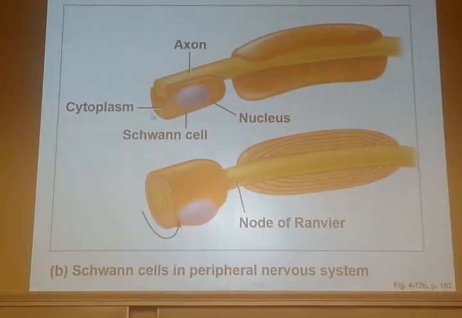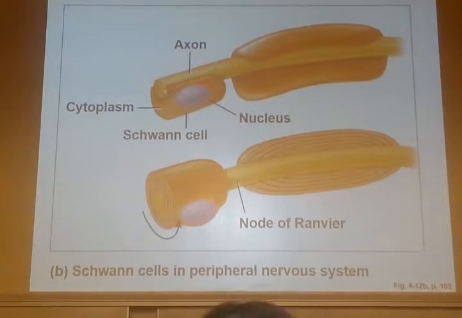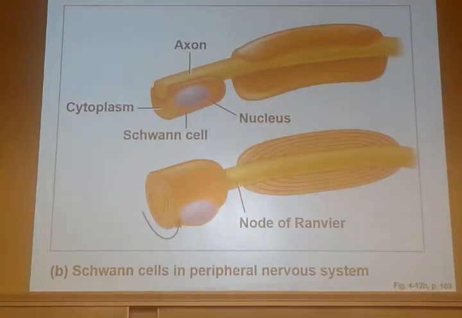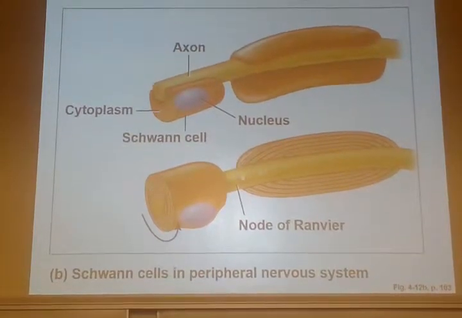So here in the peripheral nervous system, the Schwann cell wraps around the first time, and then the plasma membrane wraps underneath the external original layer, and then wraps again and again and again internally, so that the nucleus ends up being on the outside with respect to the internal layer of myelin.